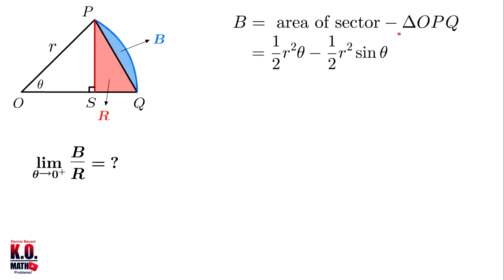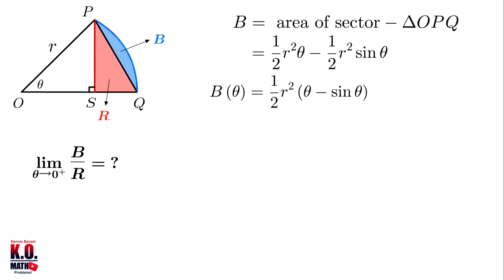Therefore, the area of this triangle OPQ is equal to 1/2 R squared times sine theta. Therefore, we can write the area of the blue region as a function of theta, and that is equal to 1/2 R squared times the quantity theta minus sine theta.